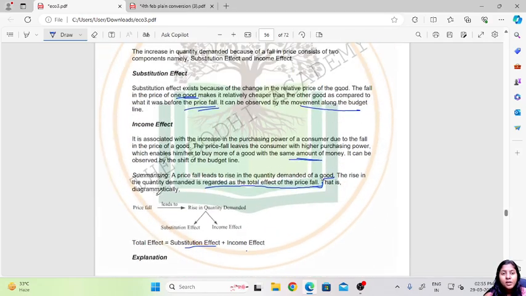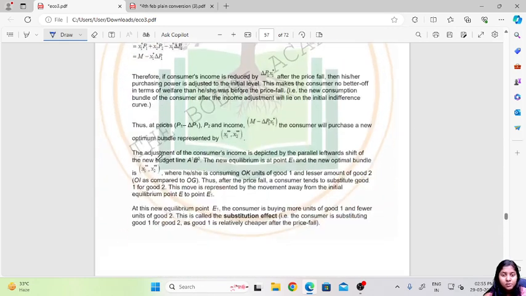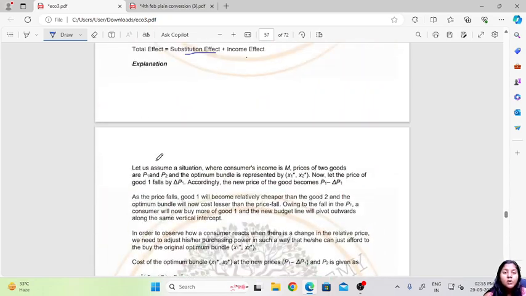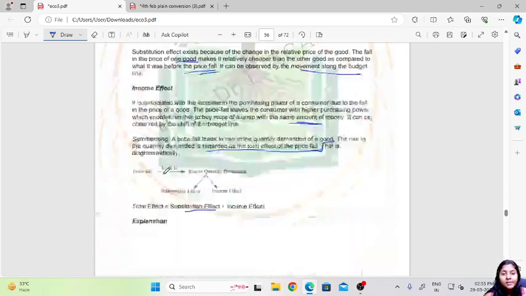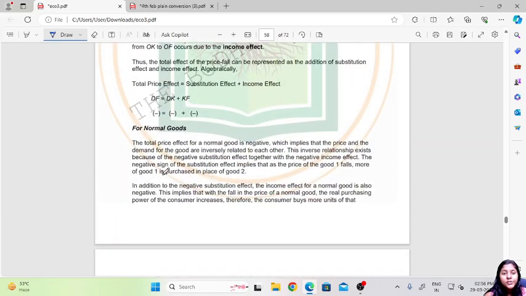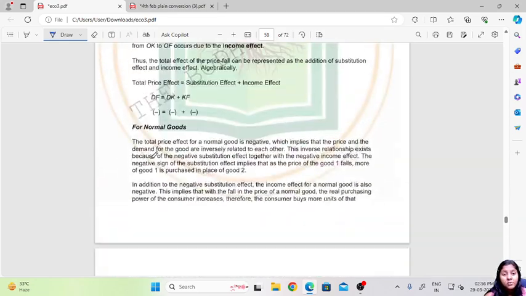This substitution effect and income effect, you can just go through it, because most of the questions they ask are from the law of demand and the market schedule. Then we'll learn about what we mean by normal goods, inferior goods and Giffen goods.